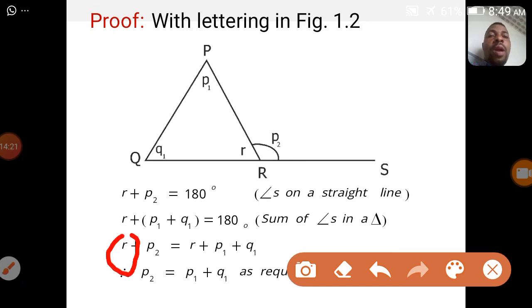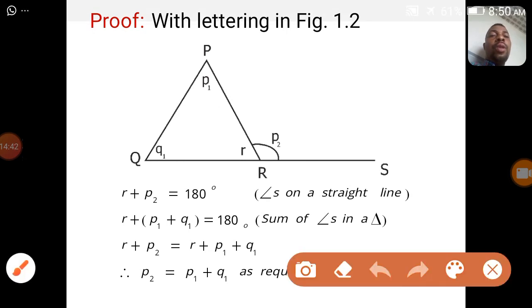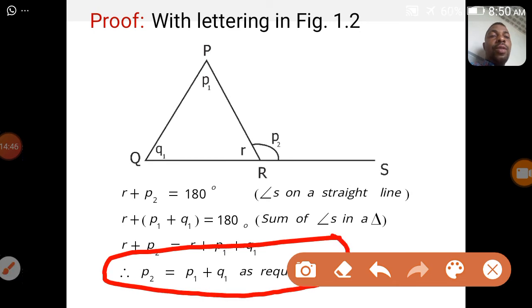When you take away r here and also take it away from here, you can see that P2 is equal to P1 plus Q1. Okay? You can see that P2 is equal to P1 plus Q1 as required. That's the solution.